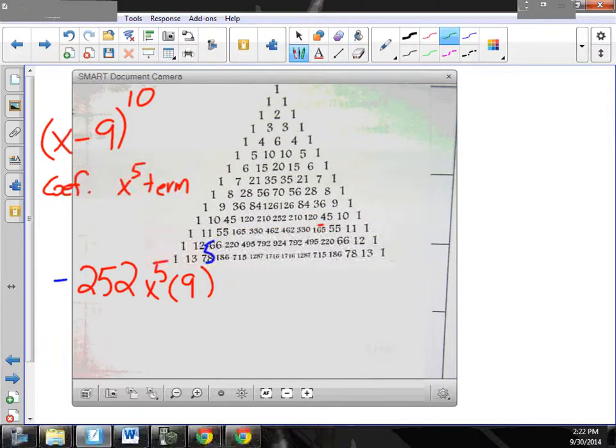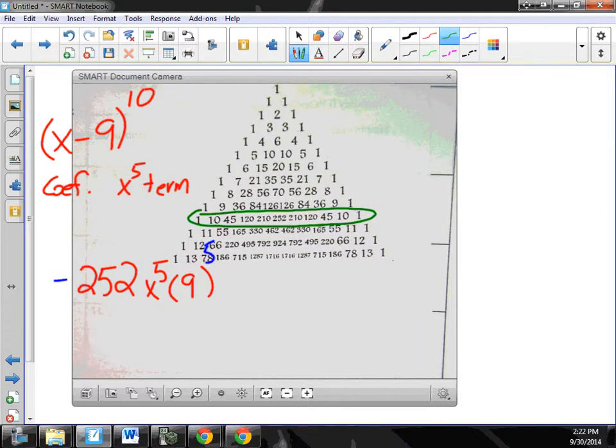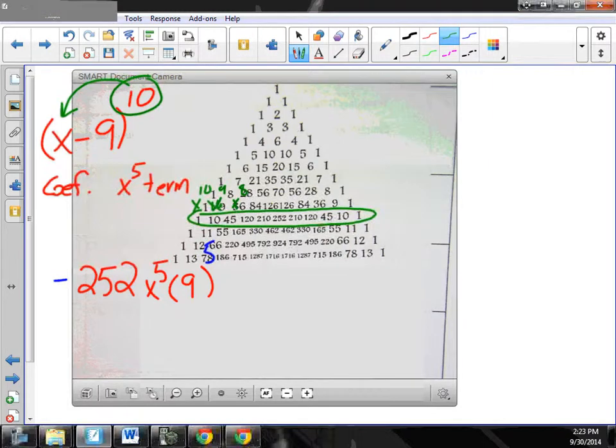So on row 10, there are 11 spaces. Listen up. There are 11 spaces. So the coefficients are 1, 10, 45, 120, and so on. And then, since it's to the 10th power, and my first one is an x, I would put x to the 10th, x to the 9th, x to the 8th, 7th, 6th, 5, 4, 3, 2, 1, 0.